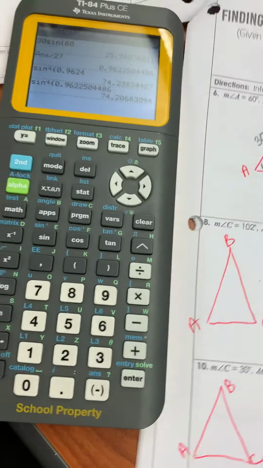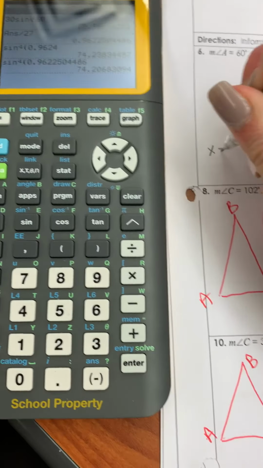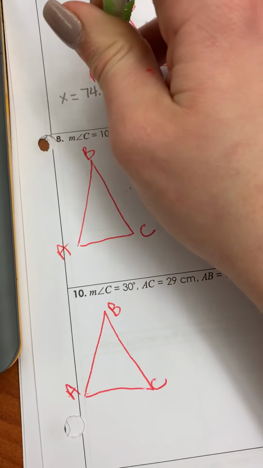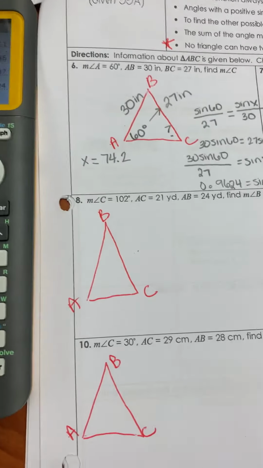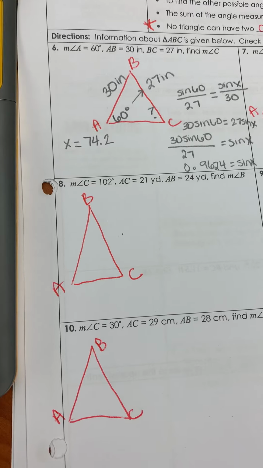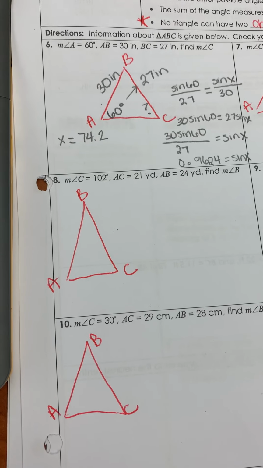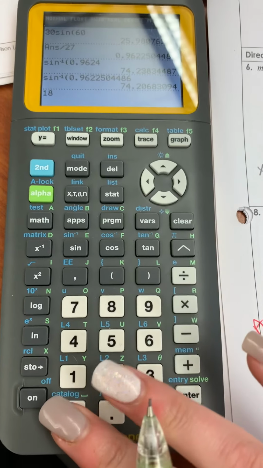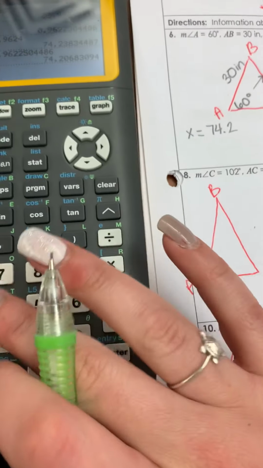So we know that this angle, we'll call it X, can be 74.2. But it also could be another angle. So it's not just 74.2. To find the other angle that it possibly could be, we have to subtract from 180.